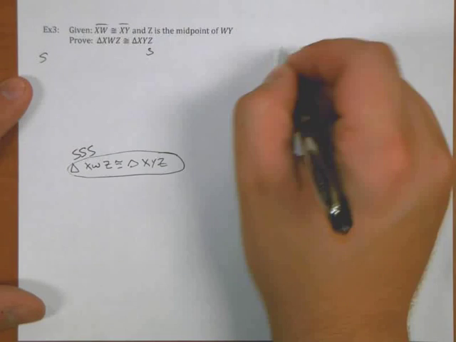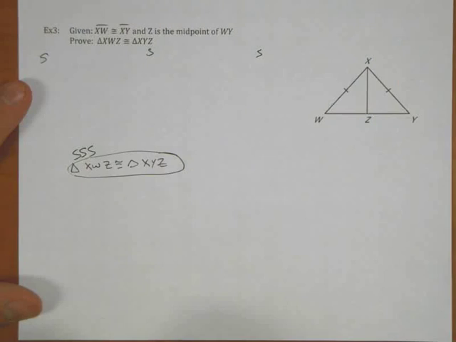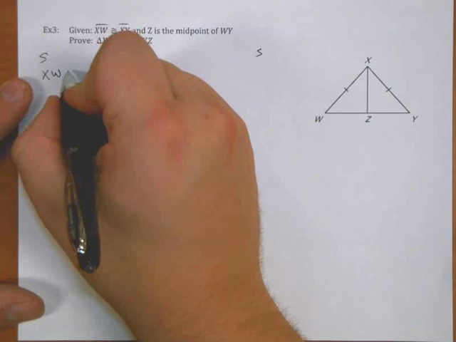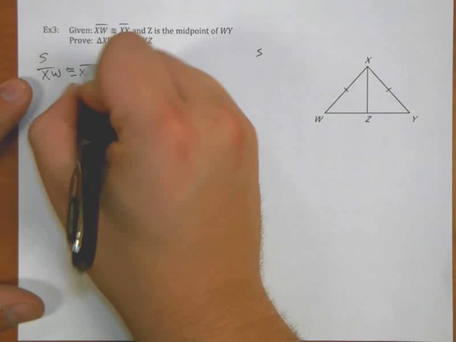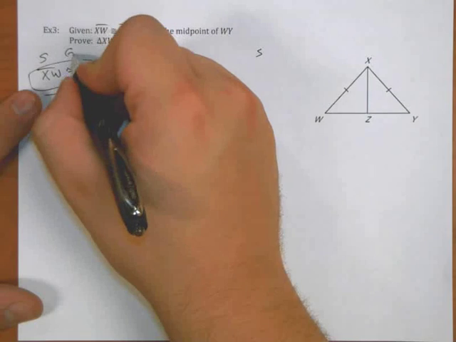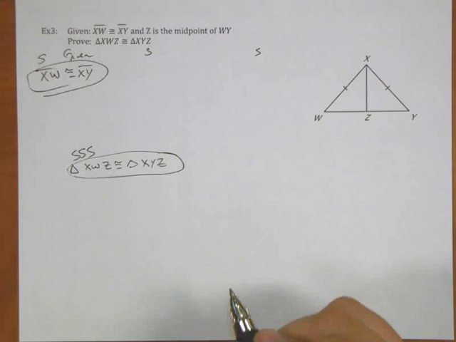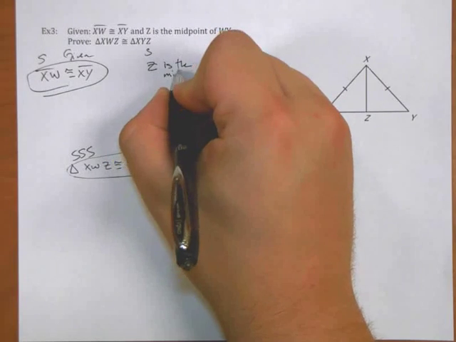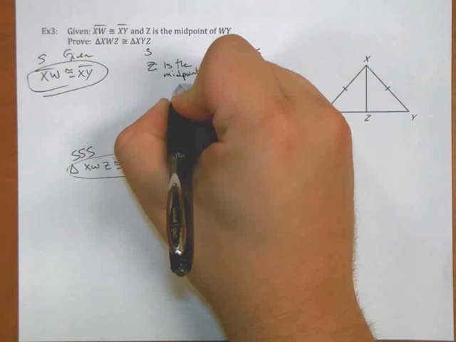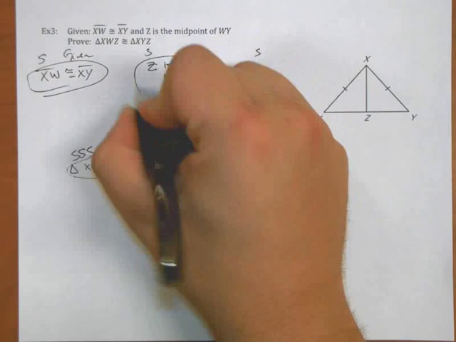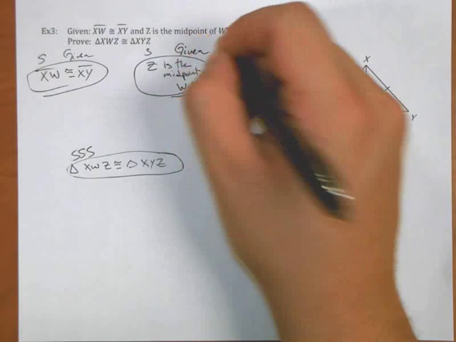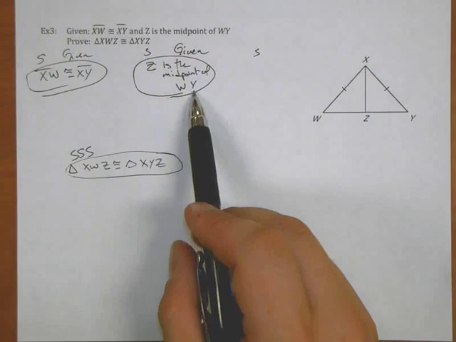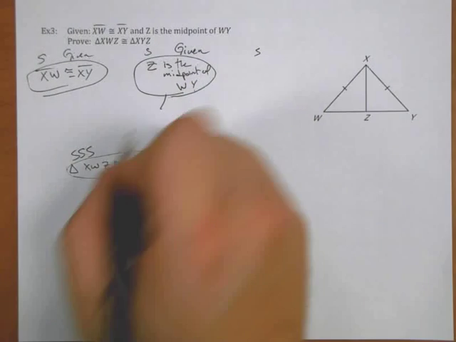And the only possible reason I have is side, side, side. So I know I have to find 3 sides that are congruent. One of them, the easy one, just told me XW is congruent to XY. That's given. The other piece of given information is that Z is the midpoint of WY. Well, what does it mean for Z to be the midpoint?